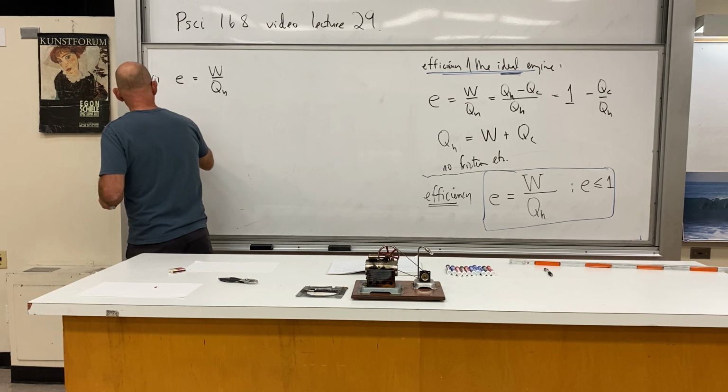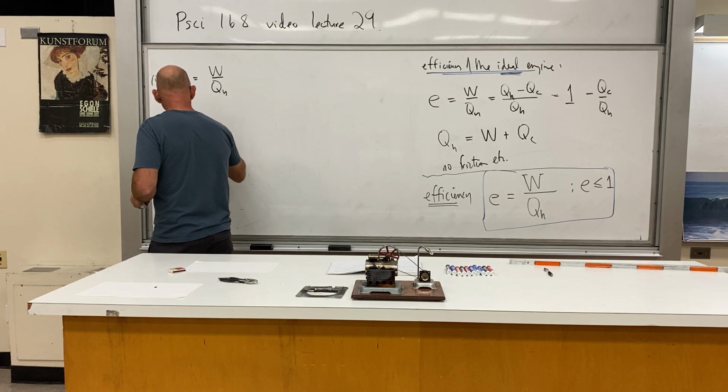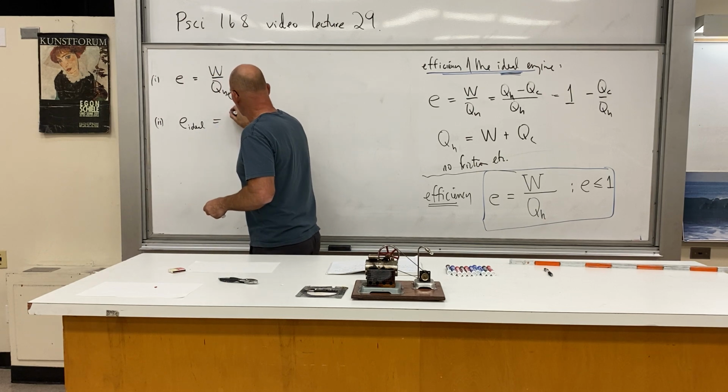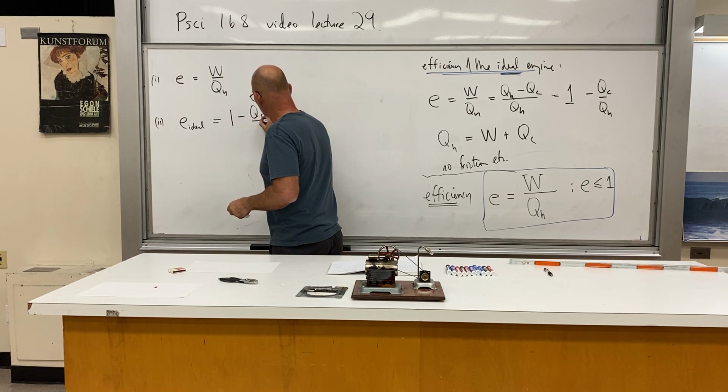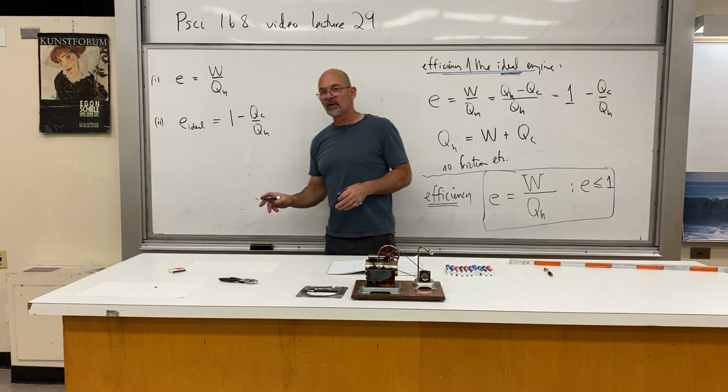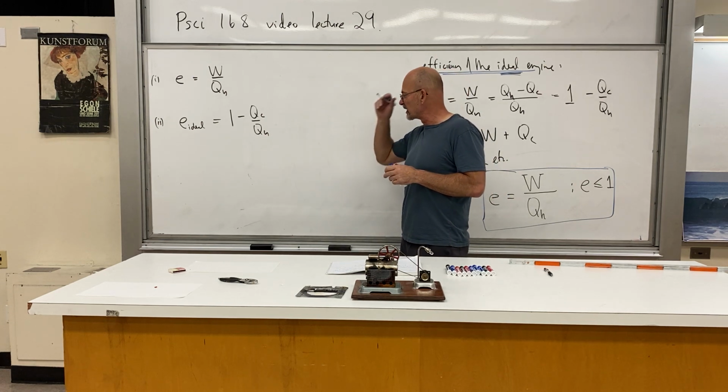I can call this E sub ideal is 1 minus QC over QH, right? This is always referring to that schematic and the general process.